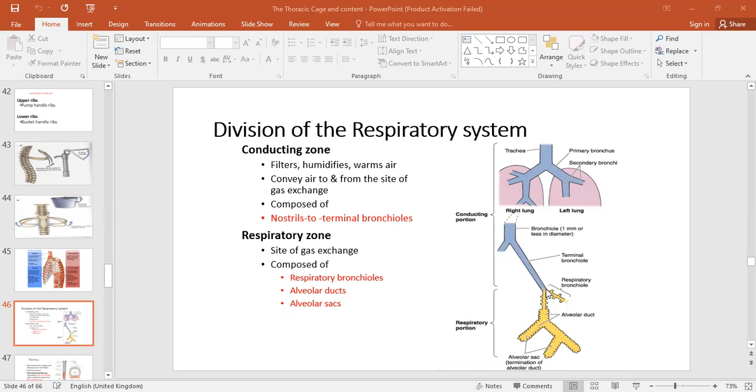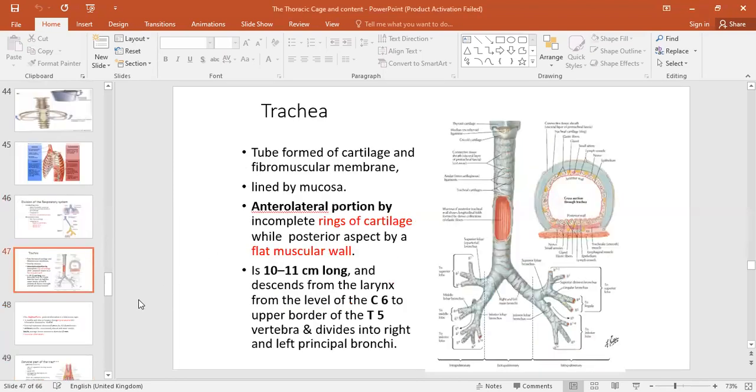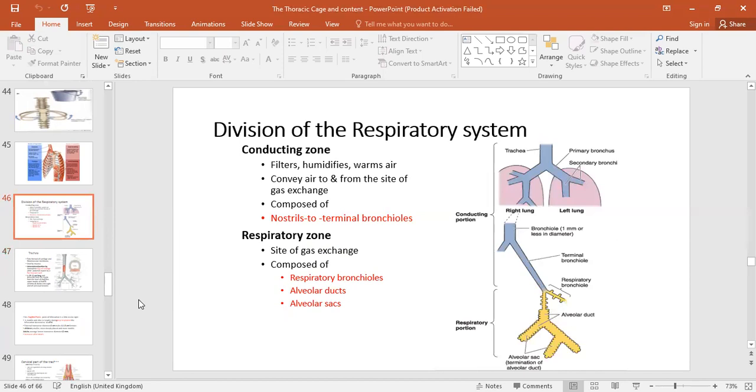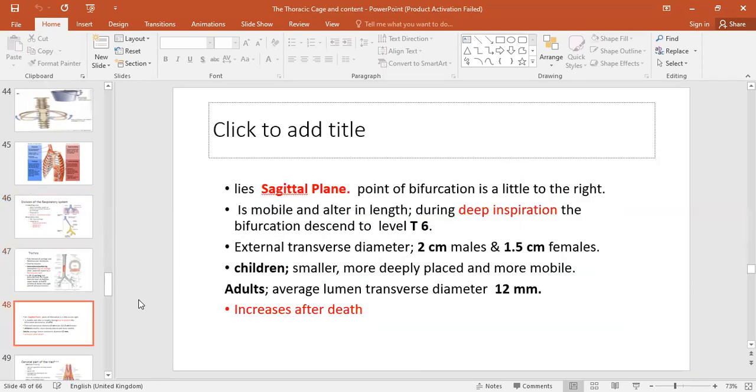Okay, so that is a point of division. So the air that is in the conduction zone is not involved in gaseous exchange, except for the air that is found in the respiratory zone, which is the one that is involved in gaseous exchange. Let's look at anatomical division. Anatomical division, okay.